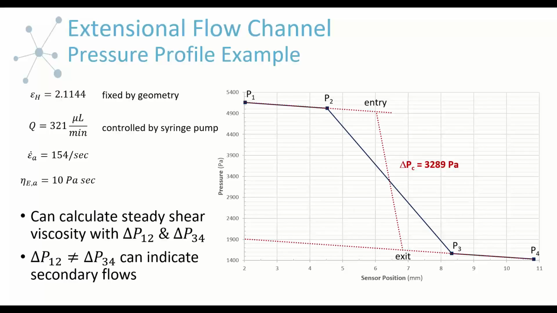In this particular instance, this was a more complicated fluid that didn't fall under the category of Newtonian or power law, so we didn't subtract off any of the shear contribution. That's one of the reasons why we use this language of apparent extensional viscosity: it's a ranking, but it's not a true extensional viscosity.